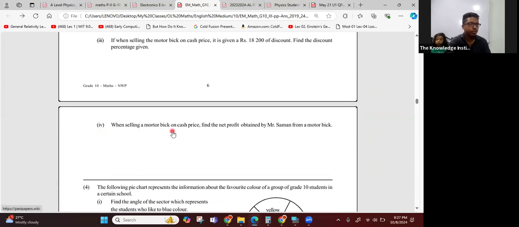Okay, there is question number 4. When selling the motorbike on cash price, find the net profit obtained by Mr. Saman from a motorbike.